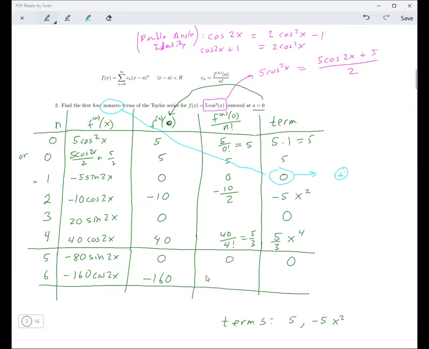And then this one is negative 160 over 6 factorial. That reduces down to negative 2/9. So this is negative 2/9 x to the 6th. Okay, so my third non-zero term is 5/3 x to the 4th, and my fourth non-zero term would be negative 2/9 x to the 6th.